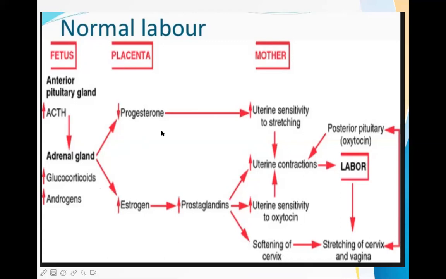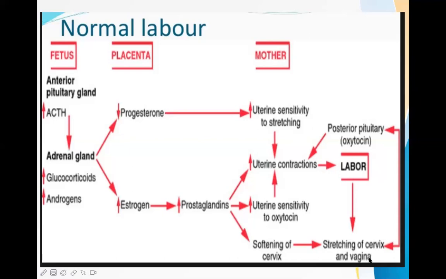Now, see there, this progesterone, when it is decreased, the opposite thing will be stimulated, that is uterine contractility, and oxytocin would be released. This oxytocin would be released by excessive level of estrogen, and one more phenomenon is also there.